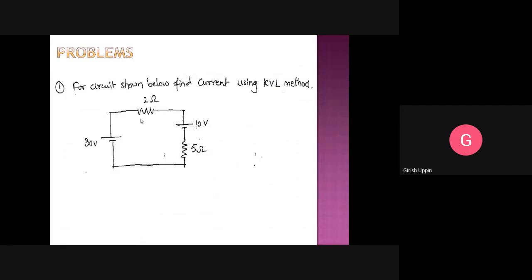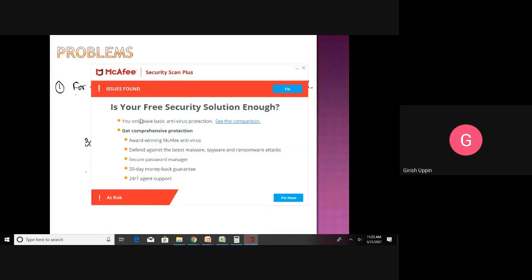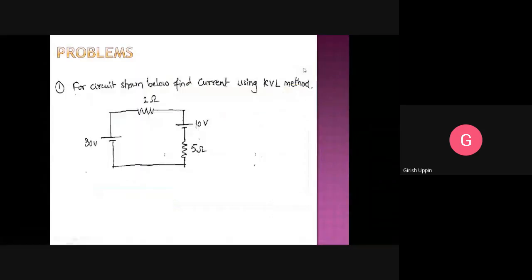What is that characteristic? In case of series connected resistors, what would be the current? One of the important characteristics of series connected resistors is that the same amount of current will flow in both the resistors.